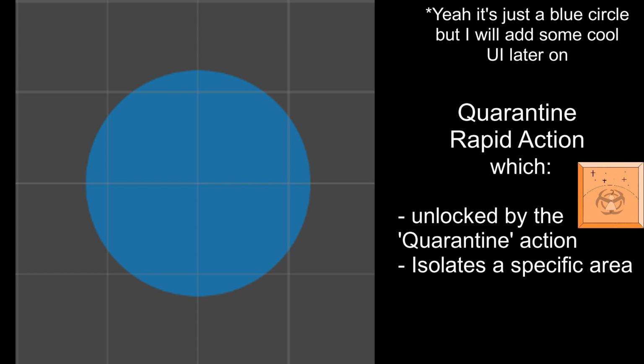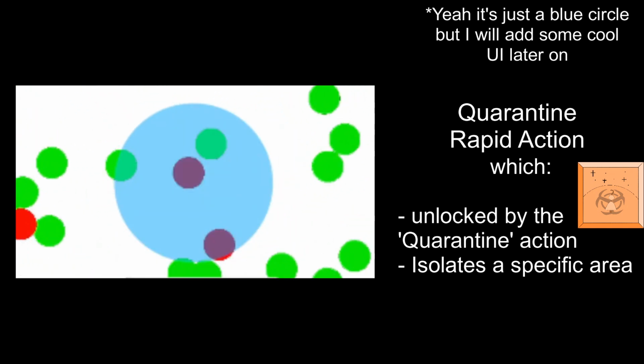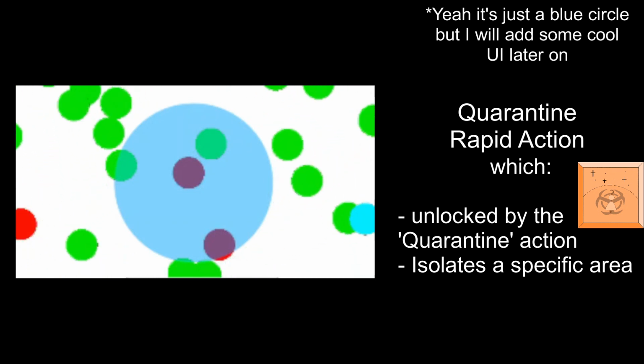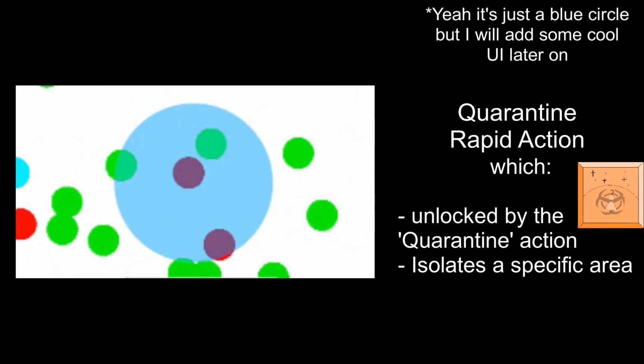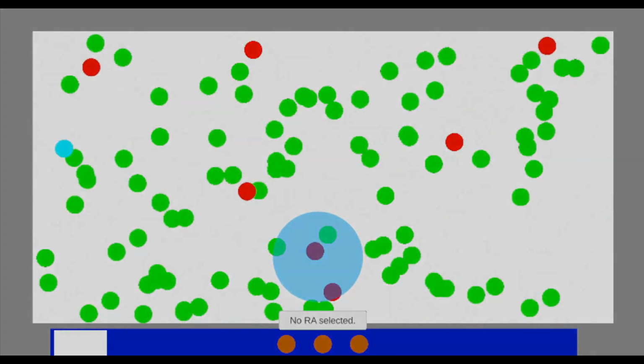And this rapid action basically confines many people in one limited area, preventing them from spreading the disease outwards or letting the disease get in. And it's actually pretty useful for when there's just a few infected.